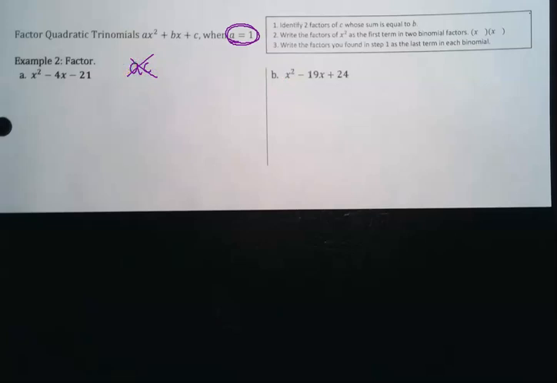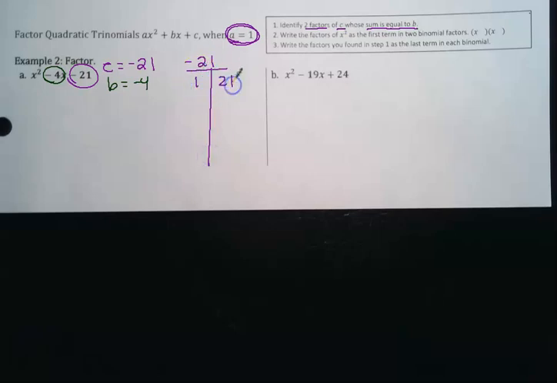So what we do now is we just identify two factors of C, because there's no A, whose sum is equal to B. We take our C, negative 21, and it has to have factors that add to B, which is negative 4. I'm going to make my chart: 1 and 21, 3 and 7.